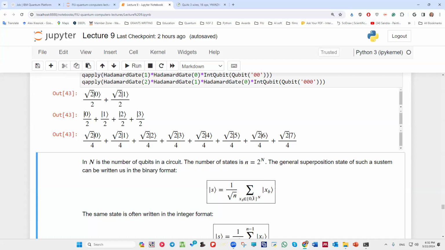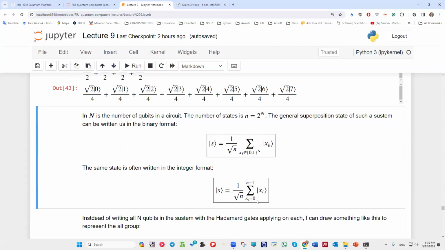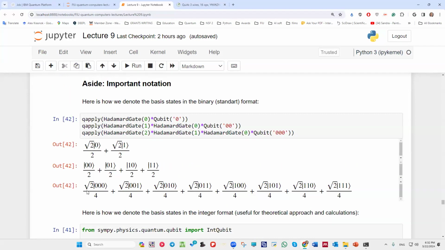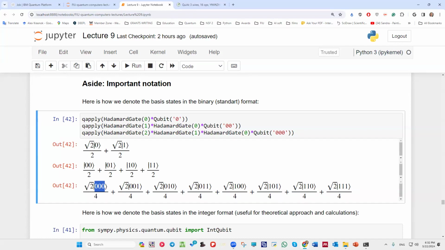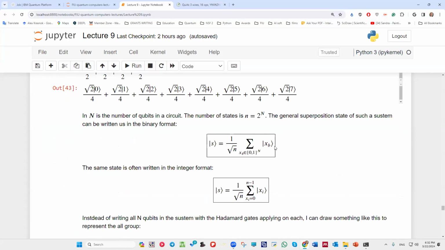For example, for a system of 3 qubits, this is what I mean, writing all possible combinations: 0 0 0, 0 0 1, 0 1 0, 0 1 1, and so on. All the combinations of zeros and ones.